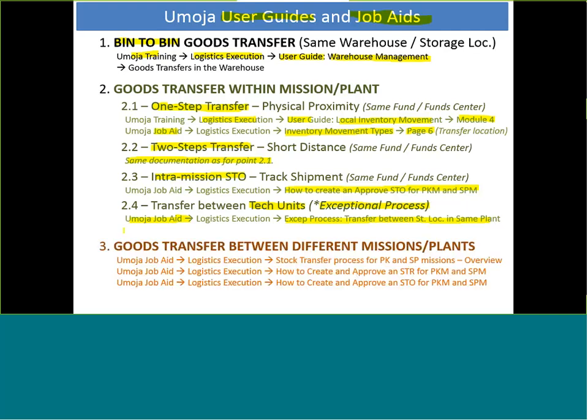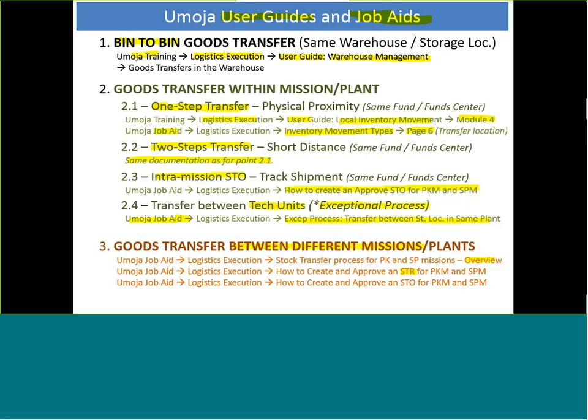Okay. For the intermission transfer, in case you have to transfer stock between different missions and plants, you have three different job aids. One as an overview, then you have the process to create stock transfer requisitions.